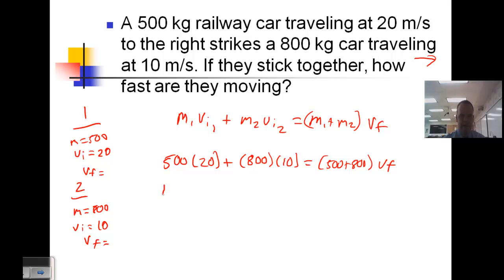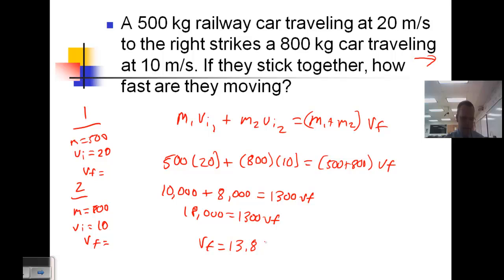So we get 10,000 plus 8,000 equals 1,300 v final. So 18,000 equals 1,300 v final. v final is 13.85 meters per second.